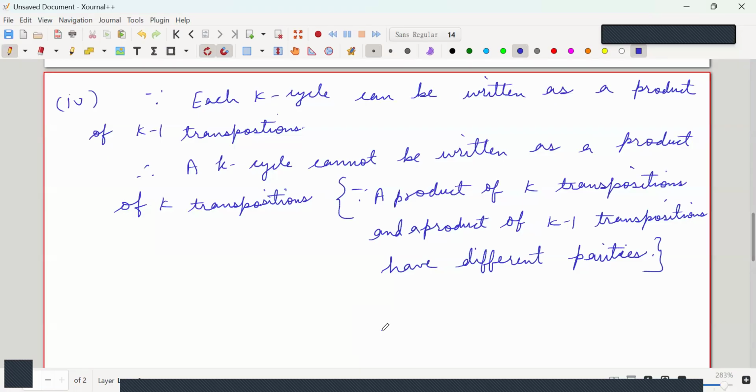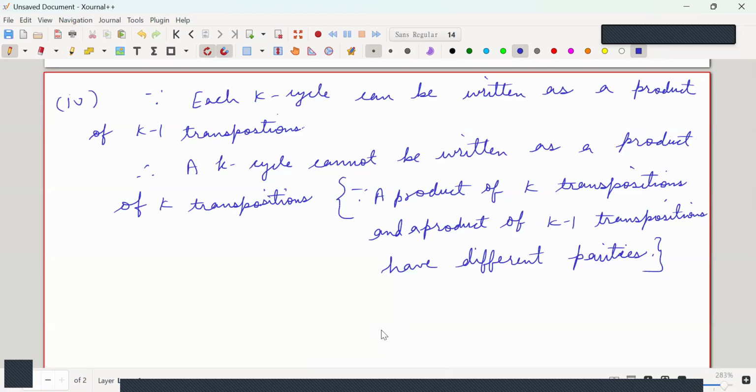But even for K plus 1, there would be the same problem, right? No, you have already written a K cycle as K minus 1 transpositions. Now I'm saying, can I write the same cycle as a product of K plus 1 transpositions? Oh, yes. K minus 1 and K plus 1 have the same parity, right? Yes.